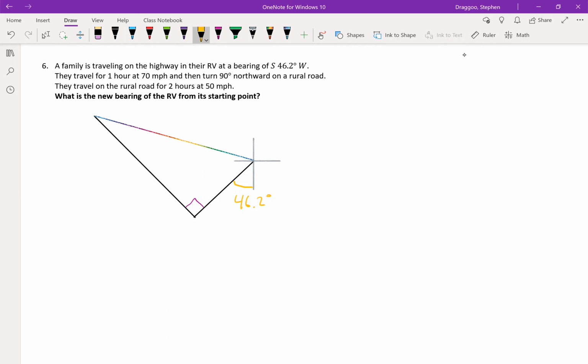So I should measure it from the southern line, so the due south line. And we're traveling along that road where we make a 90-degree turn northward, which again does not mean due north, just when I have to make a 90-degree turn, and I have to distinguish between the two directions I could go, I want the direction that is northward from that spot. So we'll turn 90 degrees northward.